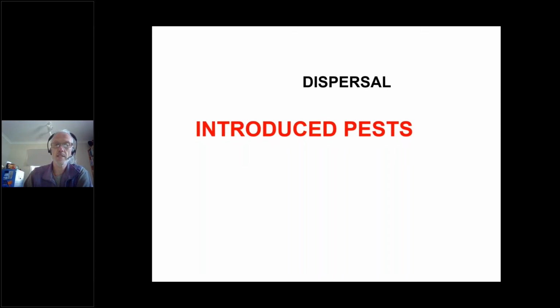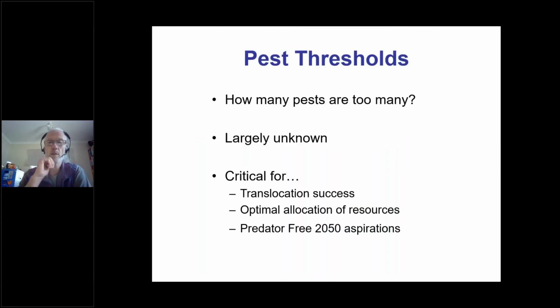For the rest of this talk, I'm going to talk more about pests, and an idea that's been brought up at the start, particularly by John Ennis, which is pest thresholds: what pest density do we need to get down to allow native populations to persist.